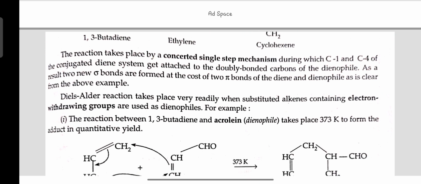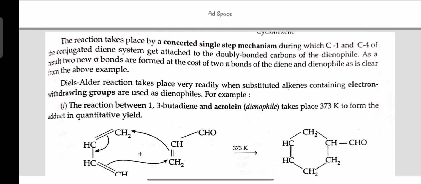The reaction takes place by a concerted single step mechanism during which carbon 1 and carbon 4 of the conjugated diene system get attached to the doubly bonded carbons of the dienophile. As a result, two new sigma bonds are formed at the cost of 2 pi bonds of the diene and dienophile, as is clear from the above example.